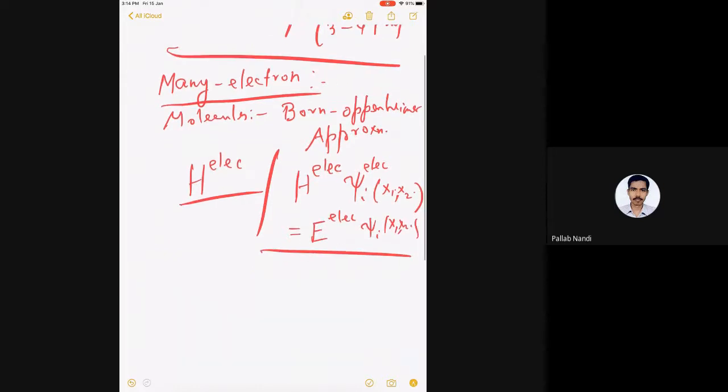Everything is electronic, so I will define these terms under the Born-Oppenheimer approximation. And the x is of course the composite coordinates of position and spin as I have defined. So please remember x is nothing but the composition of r and omega. So you can write these as a vector.